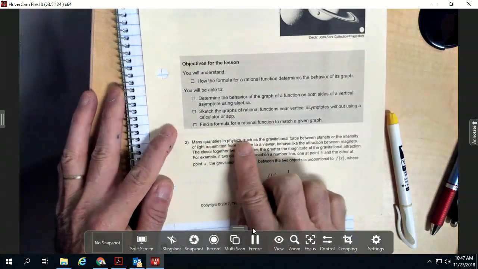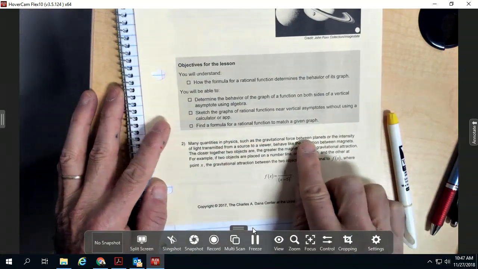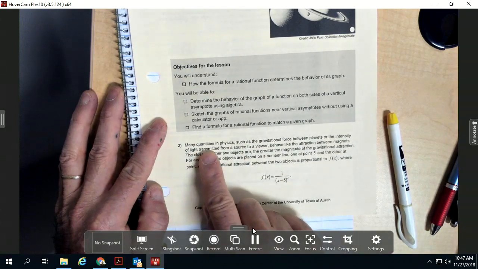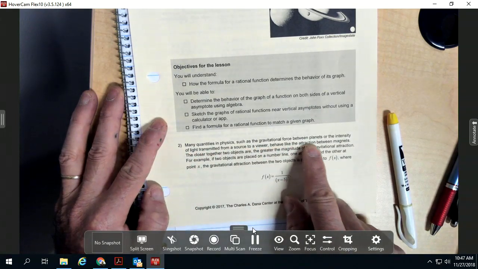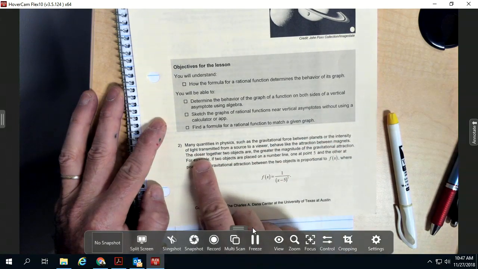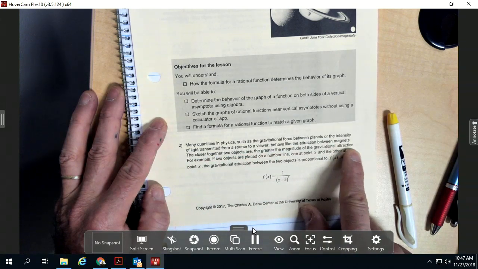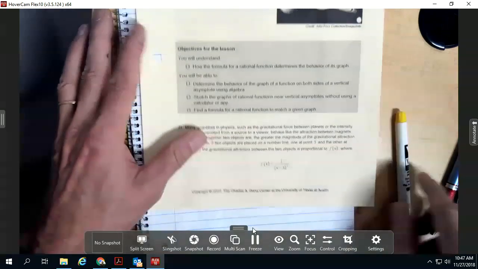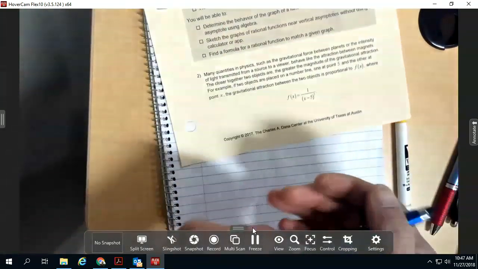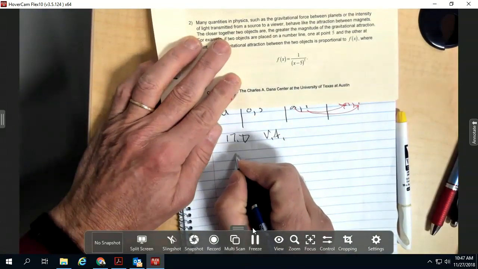Here's the example that they give. Many quantities in physics, such as gravitational attraction between planets or intensity of light transmitted from the source, behave like the attraction between magnets. The closer the two objects are, the greater the magnitude of the gravitational attraction. And in fact, it's not just inverse, it's inverse squared.